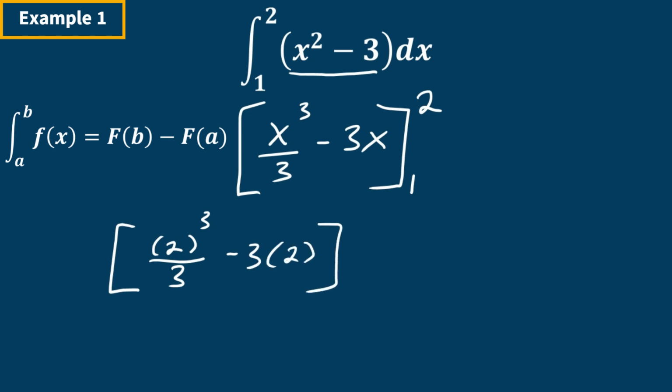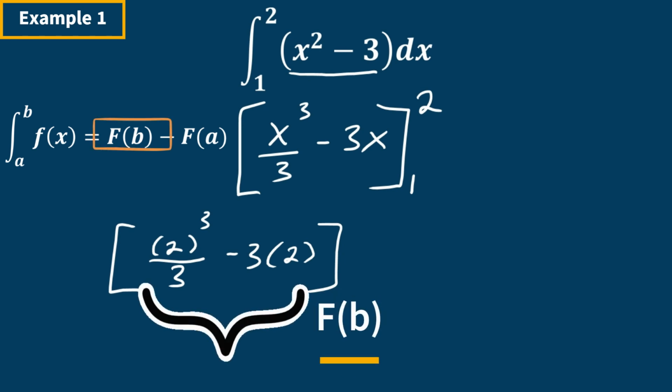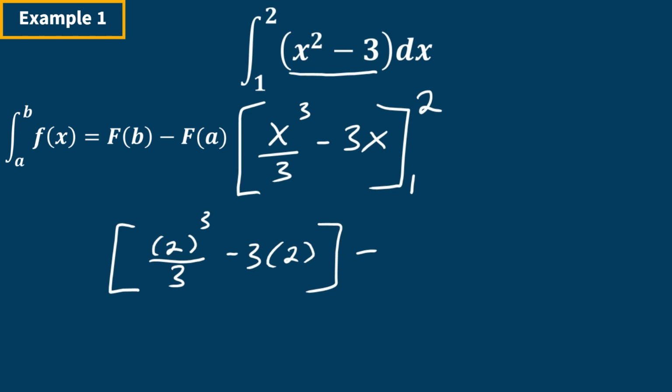This section right here represents f of b. Now what we have to do is subtract that by f of a. So now we look at the bottom interval, which is our a, which is 1, and we're going to plug that 1 into every x inside. So that is going to become 1 cubed over 3 minus 3 times 1.